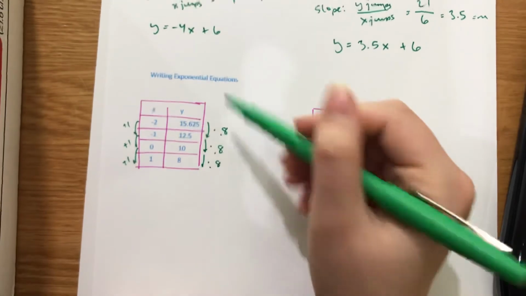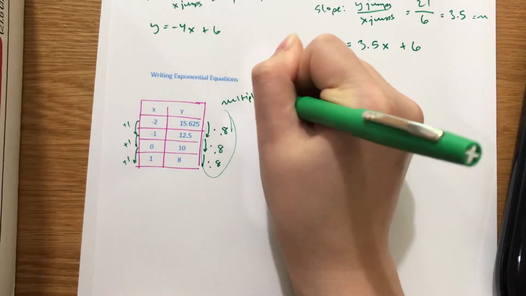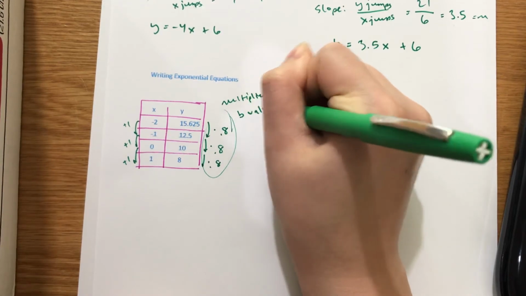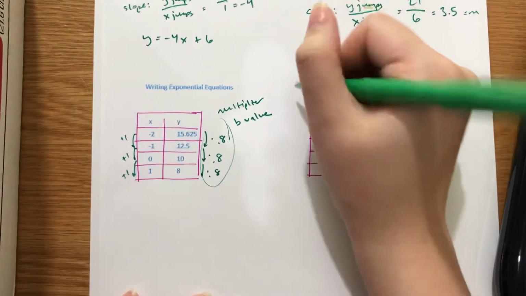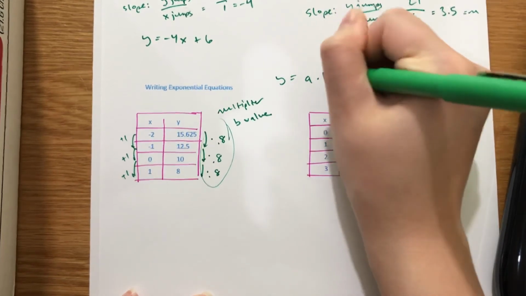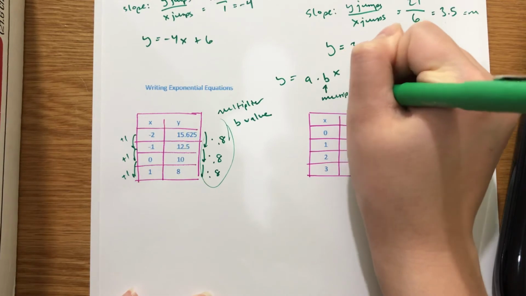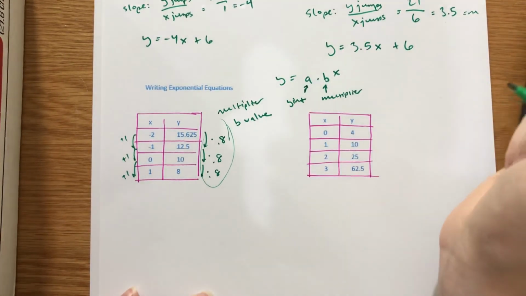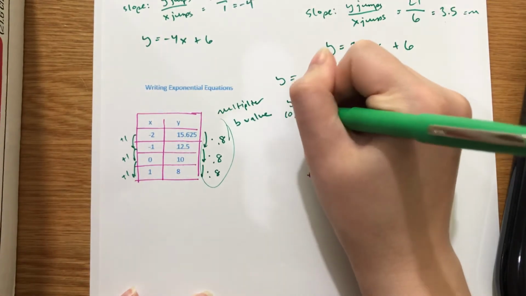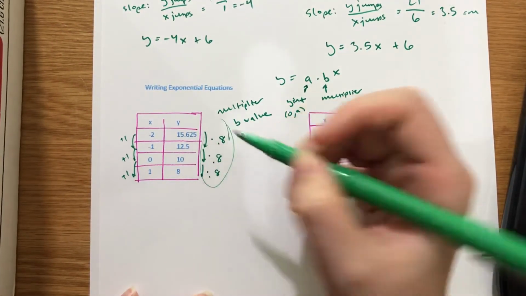All right, so the right side always gives you your multiplier, which is your b value. And so remember, an exponential equation is y equals a times b to the x, where b is your multiplier and a is your y-intercept. This always occurs as (0, a). And your multiplier you can just pick up from your jumps from your table.